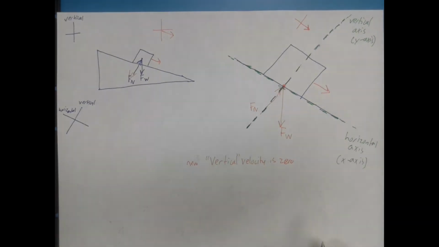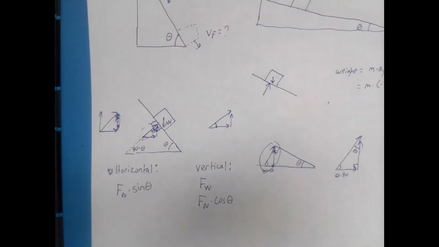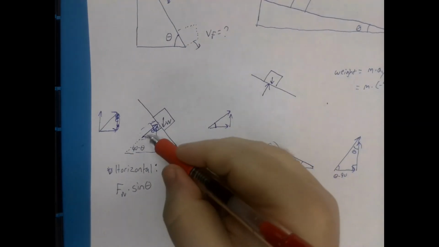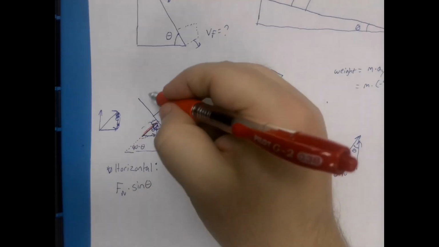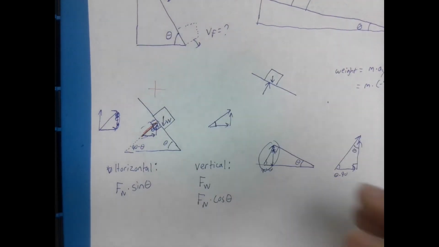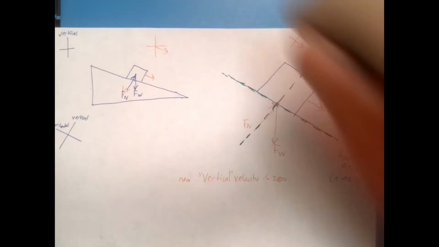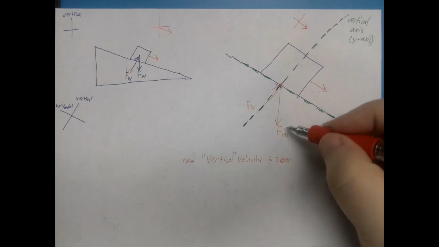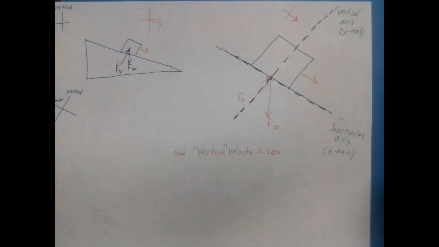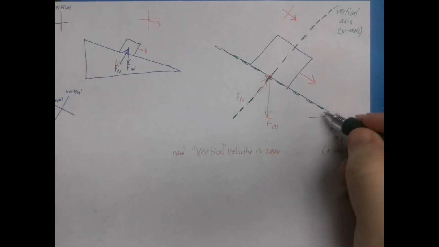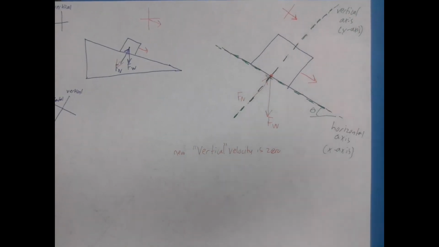So last time, my attempt was to take this normal force and map it so that it goes vertical with gravity. What I'm going to do instead is take the weight and map it to my new axis. So again, this is an angle of theta.